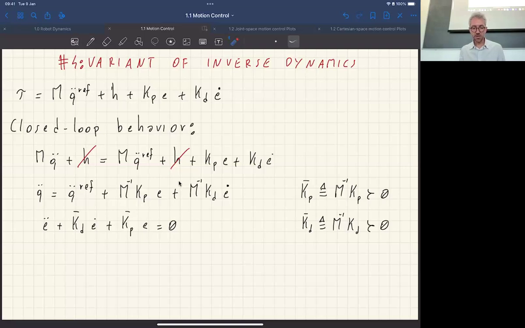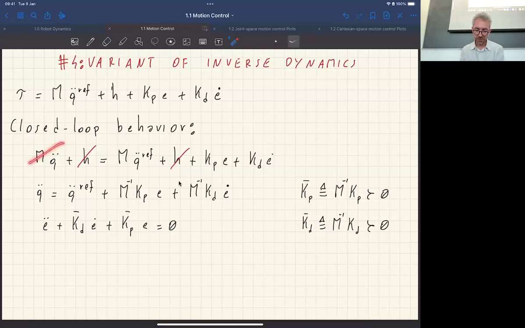And it's quite easy also to analyze the closed loop behavior of the system under this control law. It's a bit more difficult than with the previous one, but not much. So you write down the dynamics as usual on the left-hand side, the control law on the right-hand side. H, you have it on both sides, so it cancels out. Then you can multiply both sides times M inverse, so the inverse of the mass matrix.